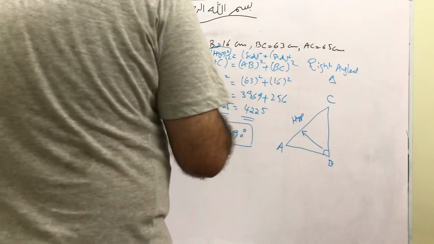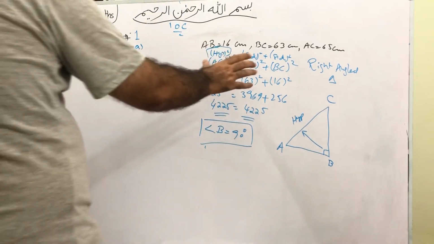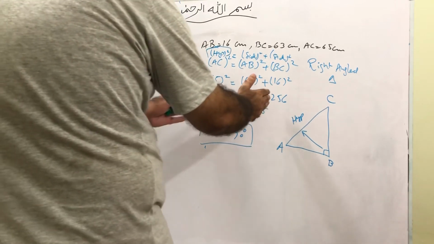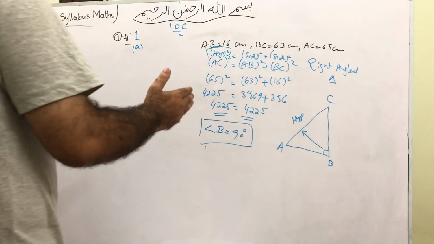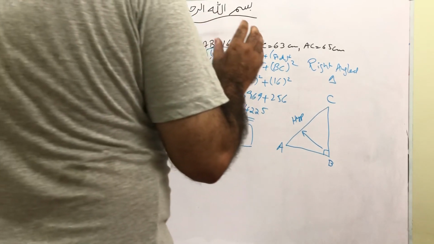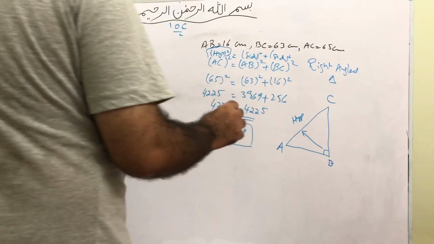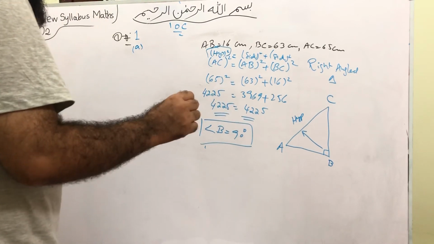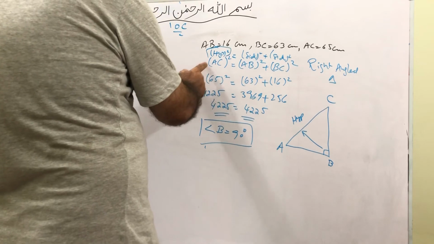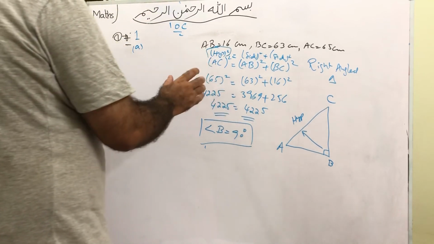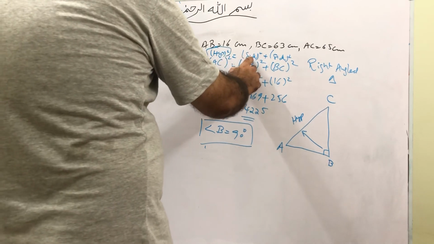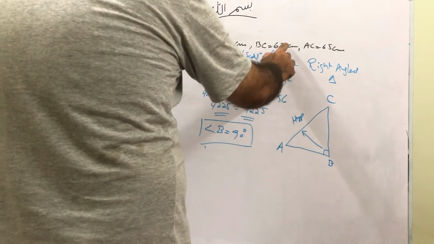We told you that first we applied the Pythagoras theorem, and when both the sides became equal, it was proved that it is a right angled triangle. And now, in order to find out where the right angle is located, we told you that the left side is always the hypotenuse, because we have read that Pythagoras theorem is hypotenuse square is equal to another side square plus another side square.